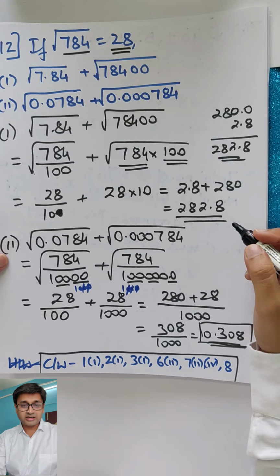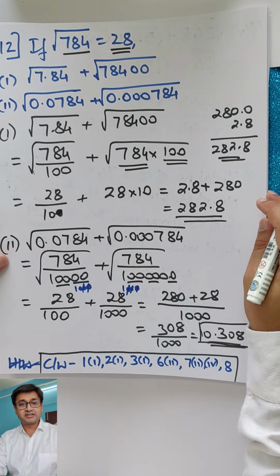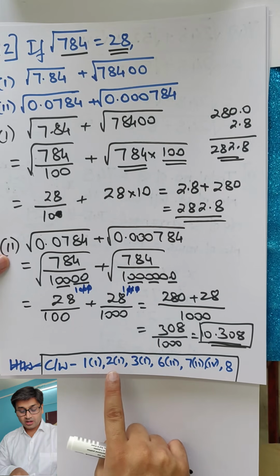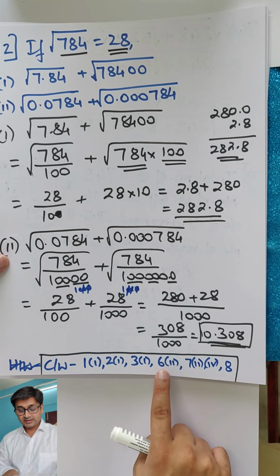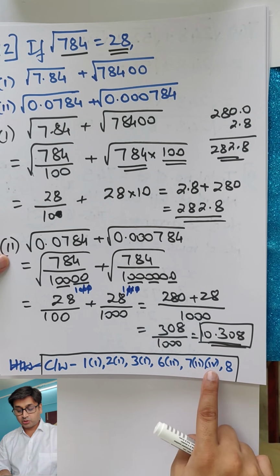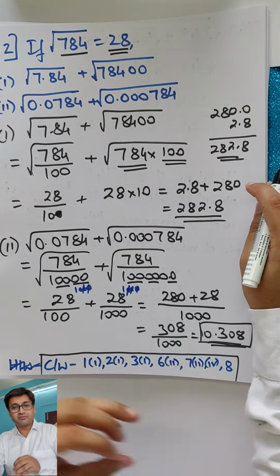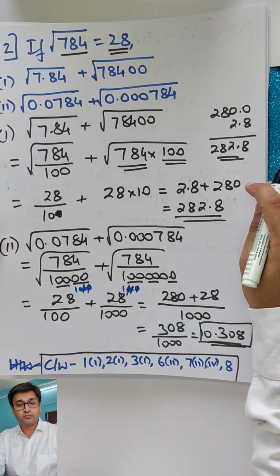In the class when we meet, we will try and solve these sums. So sum number 1 part 1, 2 part 1, 3 part 1, 6 part 2, 7 part 2 and 4 and 8. These sums you must practice. Very simple sums these are and very little homework this is.